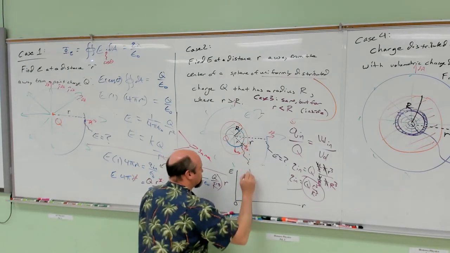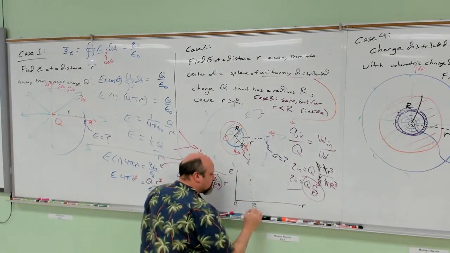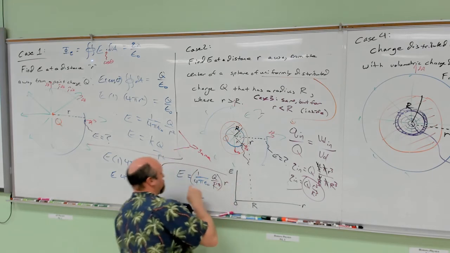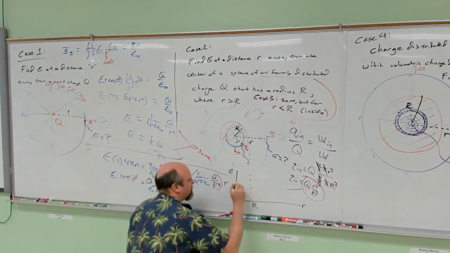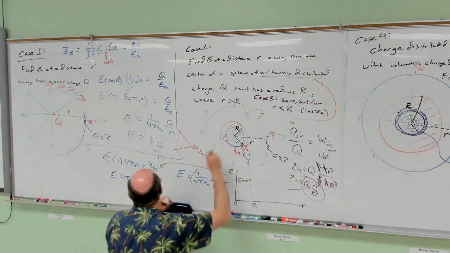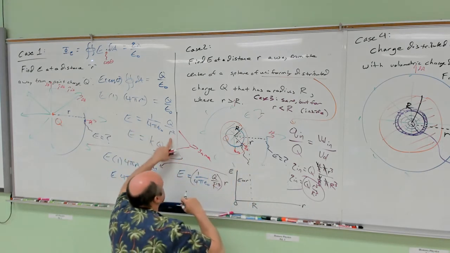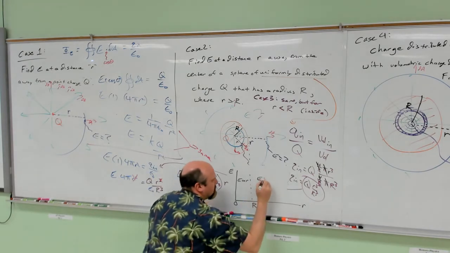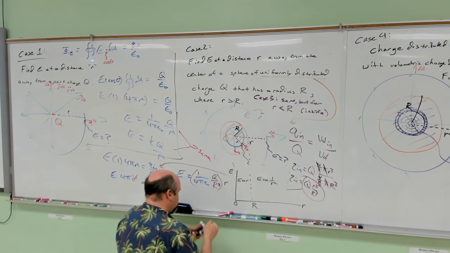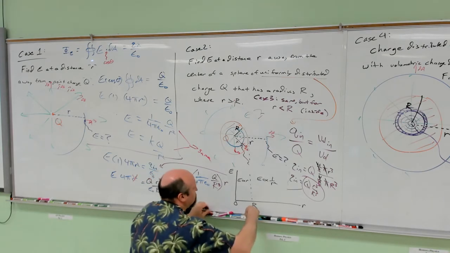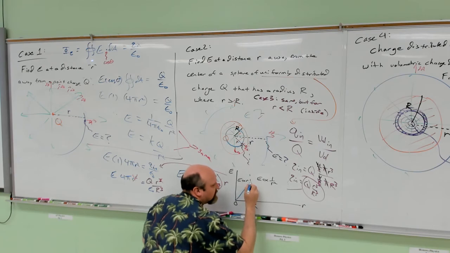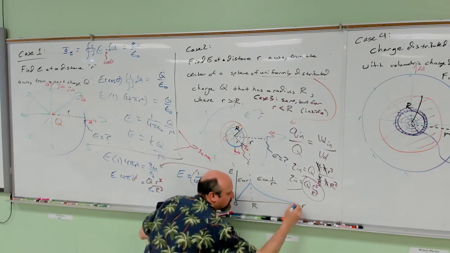And right here, that's little r equals big R. While I'm in here, my E is directly proportional to R. When I'm out here, it acts like a point charge. My E is proportional to 1 over r squared. And if I did my graph, field strength would look like this then. Linear, and then 1 over r squared curve.